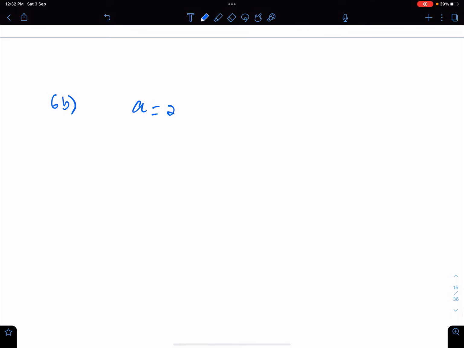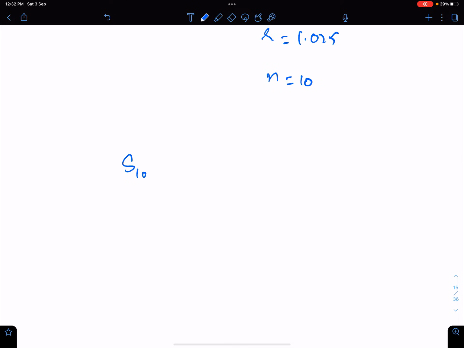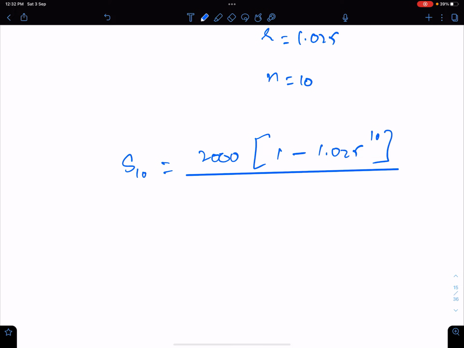So a is 2000, r is 2.5% increase, so 102.5, which is 1.025, and n is 10, and we need S10. So 2000, 1 minus 1.025 power 10 over 1 minus 1.025.